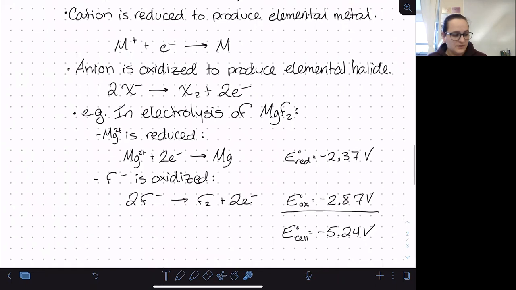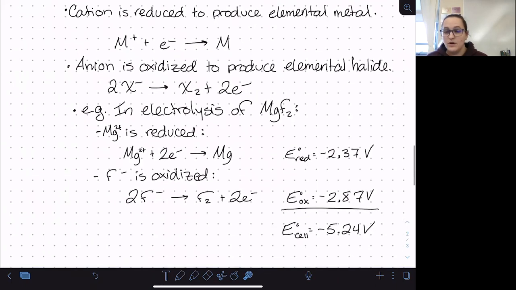And similarly to the water example, if you wanted to actually do this, you can figure out the voltage you need to apply just by finding the cell voltage. So our cell voltage here is negative 5.24 volts, which means that in order for this reaction to proceed, you would need to apply more than that.